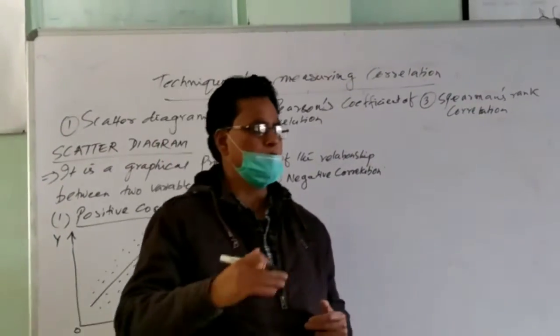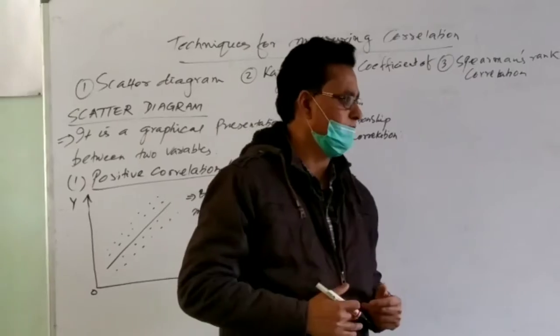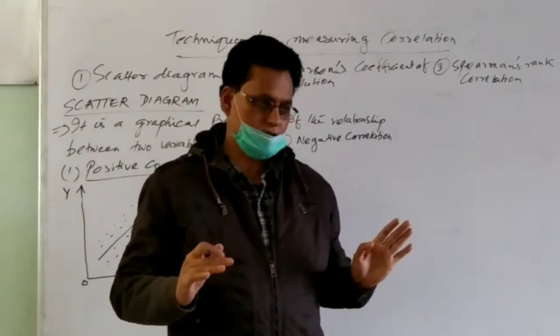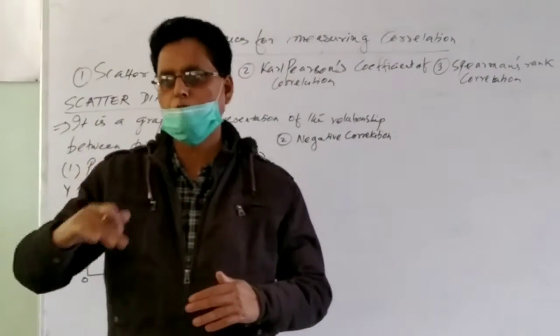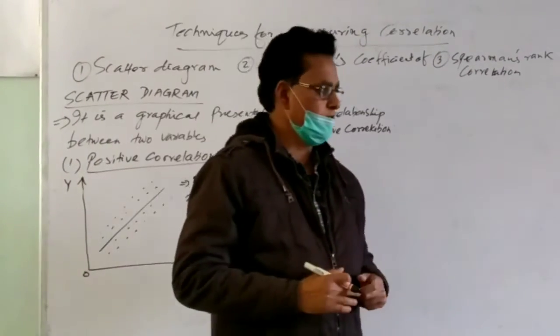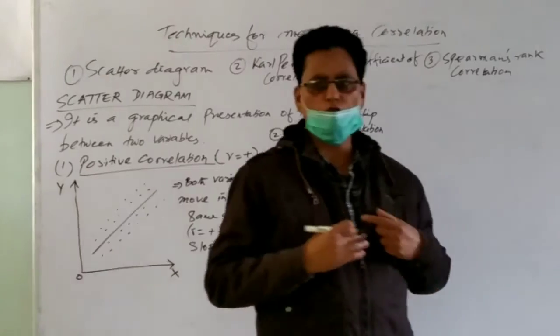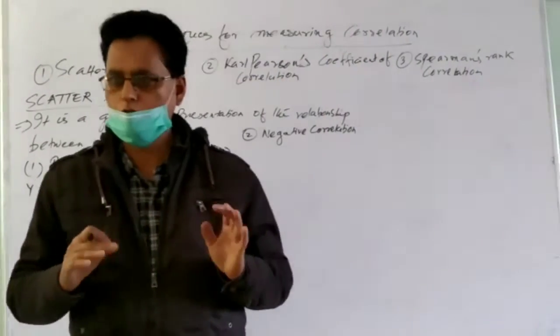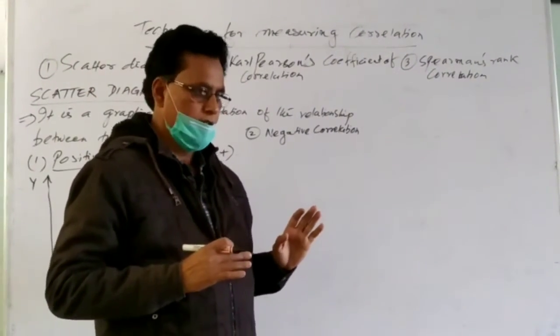The demand for woolen clothes increases or decreases? Decreases. In the months of March, April, May, June, can you wear your sweater? No. Can you wear your jacket? You cannot wear your woolen clothes.